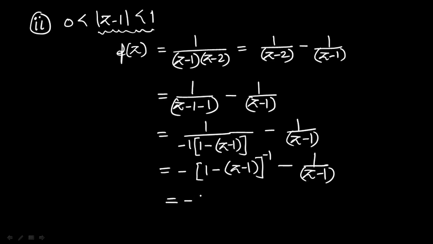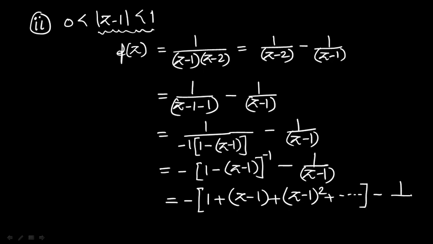Therefore, minus 1 into, now here again negative sign, 1 minus this z minus 1 we consider as x. Therefore, 1 plus x plus x square, that means z minus 1 whole square and so on. All terms are positive, minus 1 upon z minus 1. This is the required answer for the second condition.